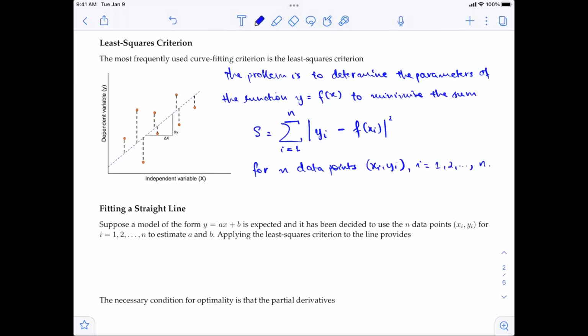So this is the criterion that we're going to use to help us derive the parameters.